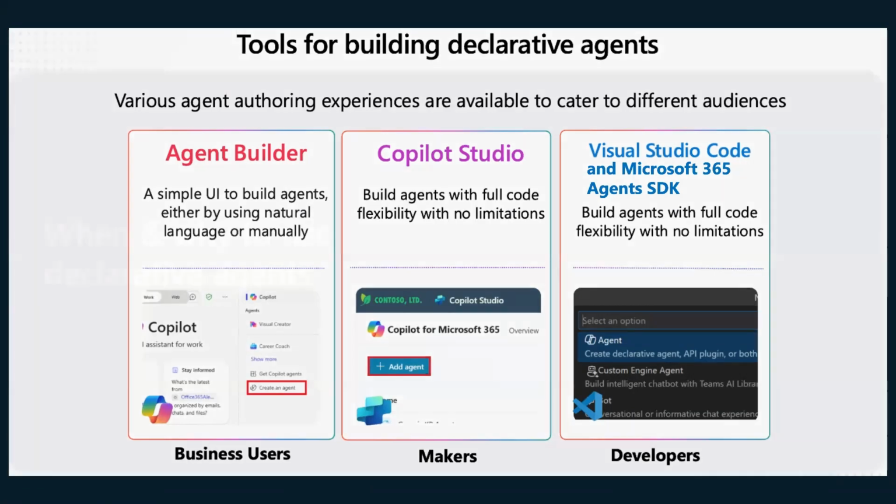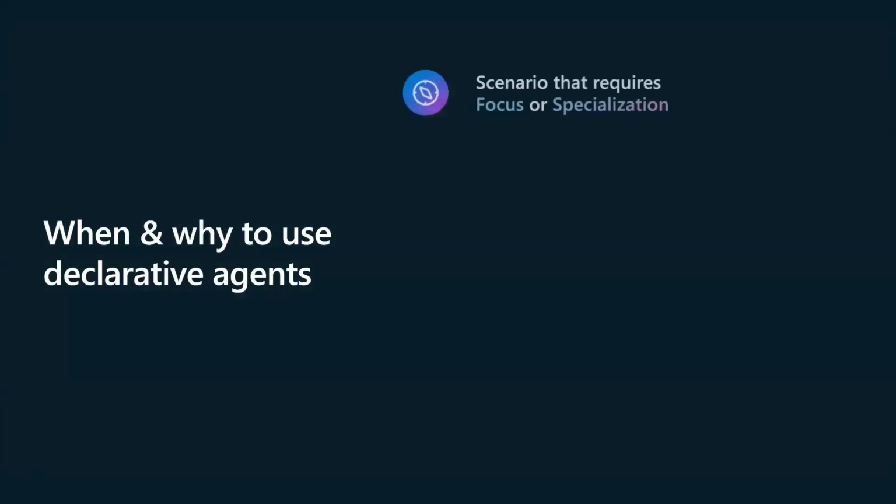And when and why to use declarative agents? A scenario that requires focus and specialization. In this case, I didn't want to go to Jira. I wanted to get the answers right inside M365, not in a raw format, but in a more insights format. I want the agent to interpret the data for me, so I don't have to think about how to interpret it.